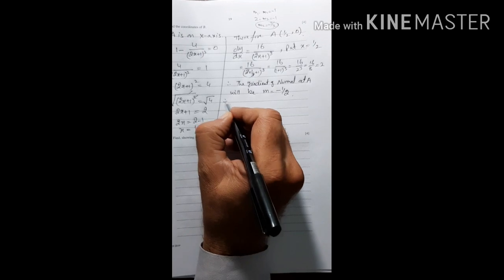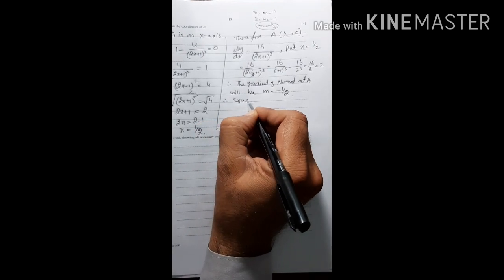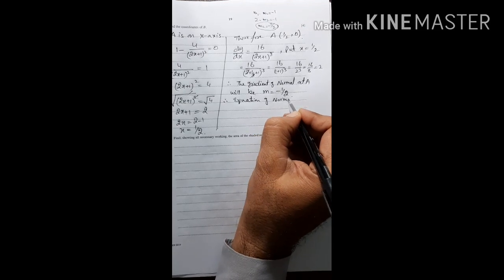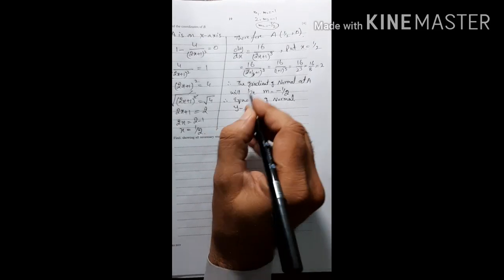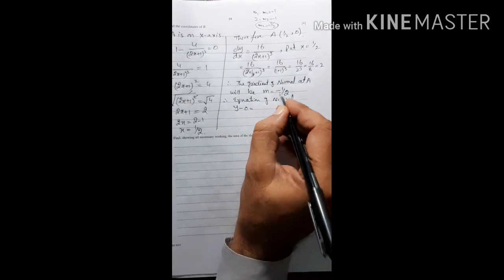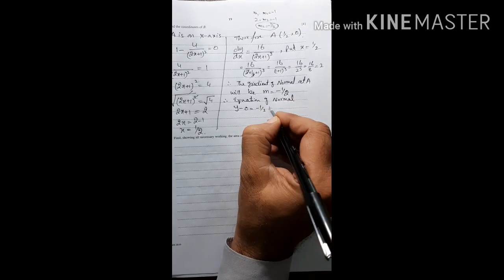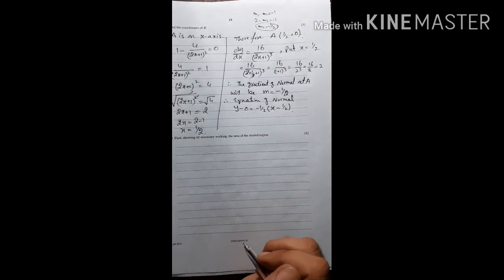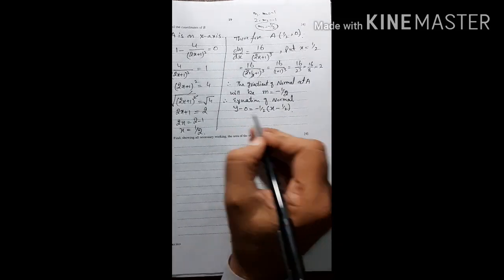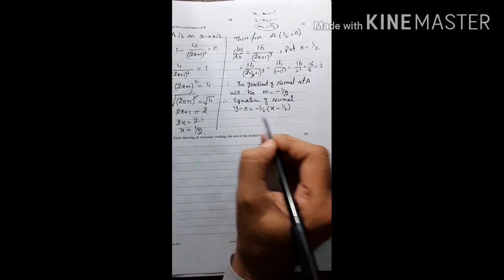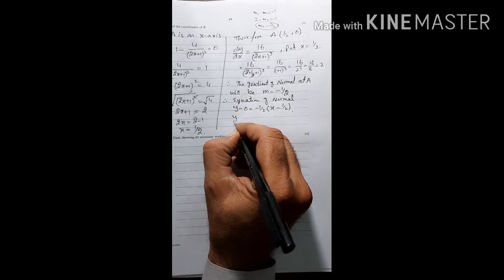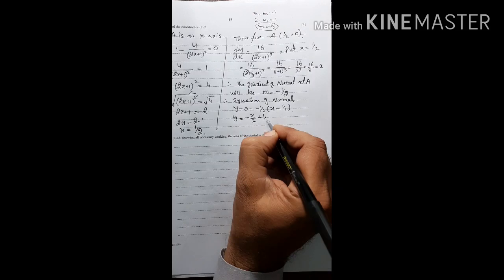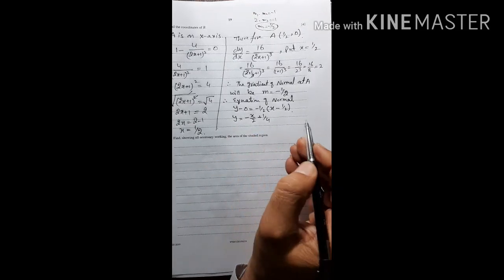Therefore, equation of normal: y minus y1, which is 0, equals m, minus 1 over 2, times x minus x1, which is 1 over 2. By simplifying it, it will become y is equal to minus x over 2 plus 1 over 4. This is the equation of the normal.